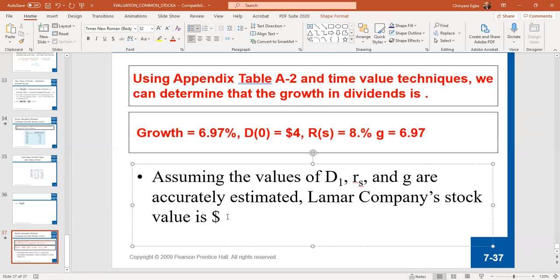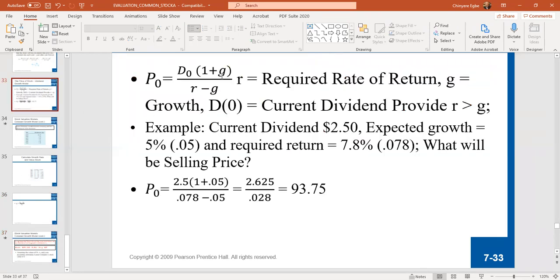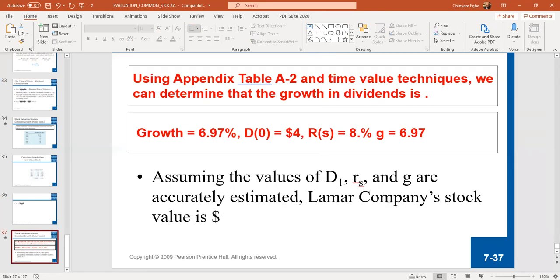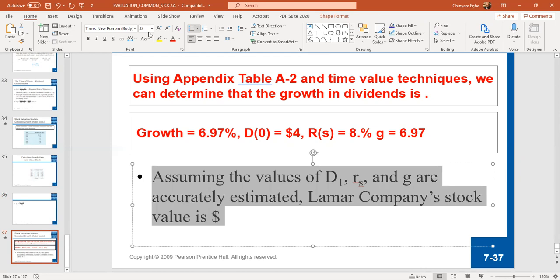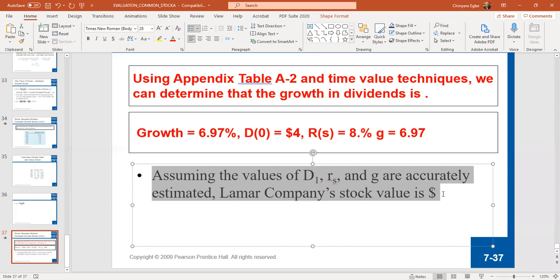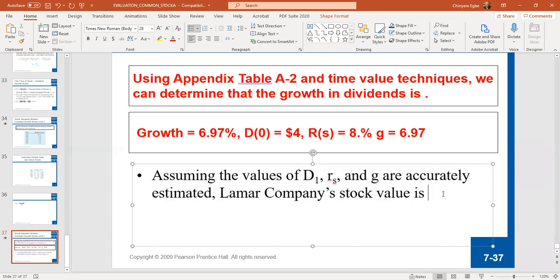The value of the common stock will then be calculated using our formula. And I'm going to take the formula from here. All right.